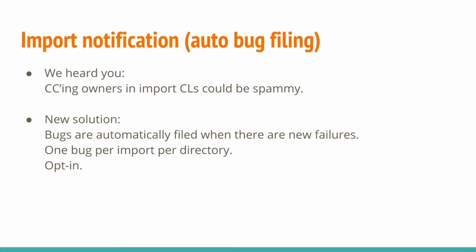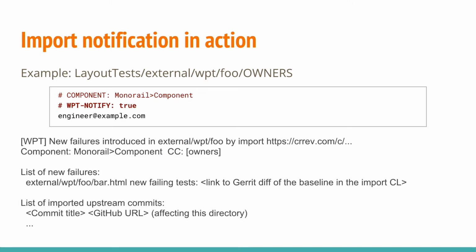One new feature we introduced this year was the import notification. We heard from you that CCing owners in import CLs can be spammy sometimes. So this new solution allows bugs to be automatically filed for you when there are new failures introduced by an import. This is an example of the import notification in action.